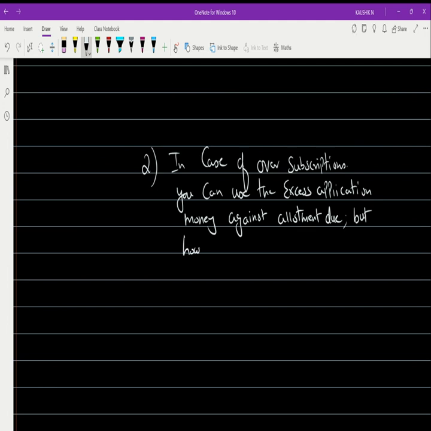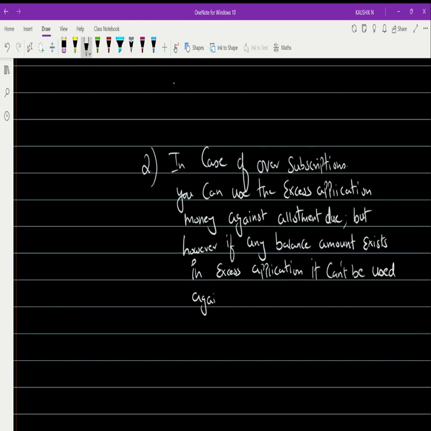But however, if any balance amount exists in excess application, it can be used against call money due, unless otherwise specified in the question.